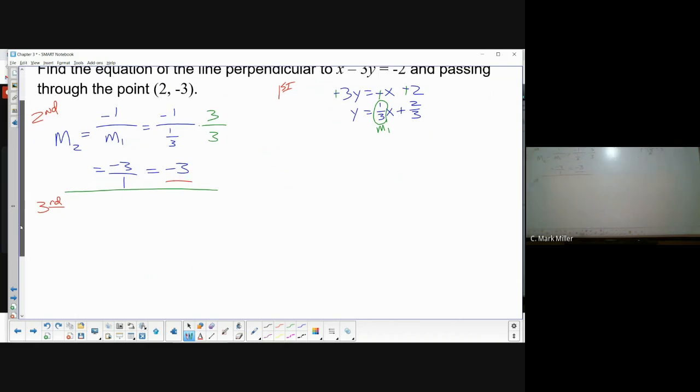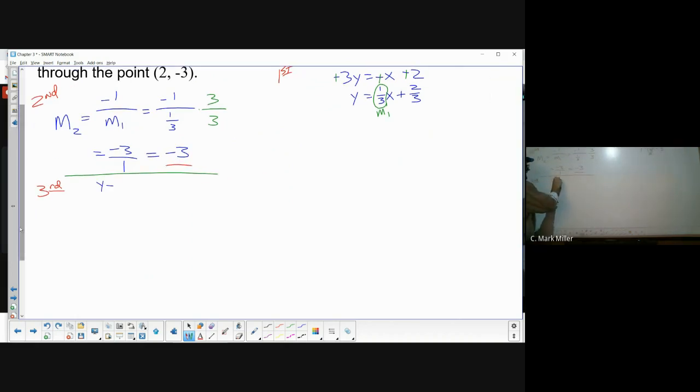I'm going to use the point slope formula. y minus y0 equals m times (x minus x0). Plug in. m is -3. x0, y0 is any point on the line, which is this one right here.